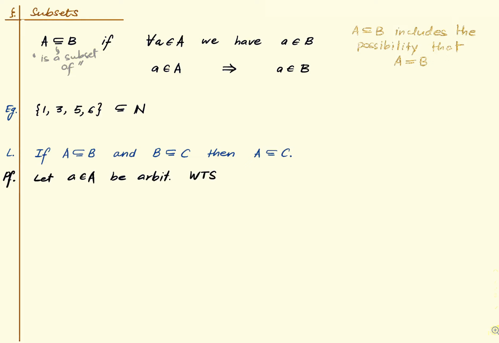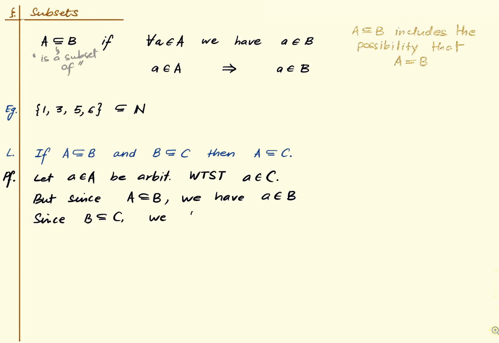Want to show that a is in C. So if we do this, then we will have shown that A is a subset of C, because then every element in A would be an element of C. But since A is a subset of B, we have a is in B, because this is in capital A, so it has to be in capital B. And then again, since B is a subset of C, we have a is in C. And that's it.